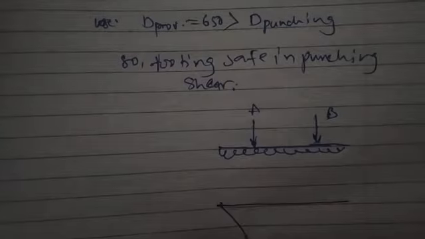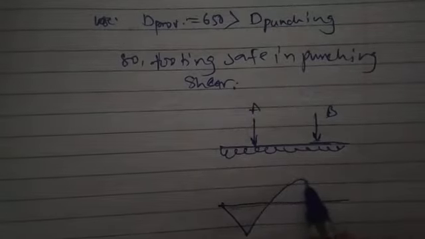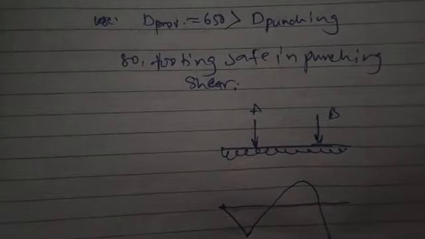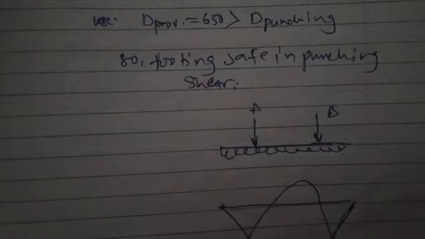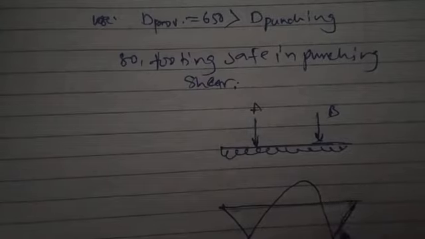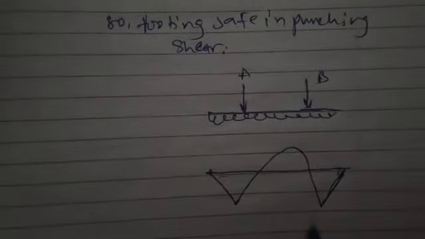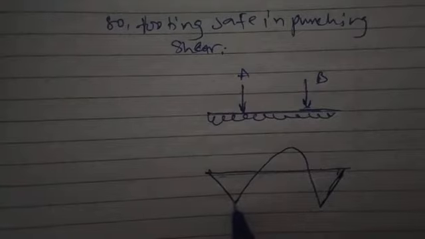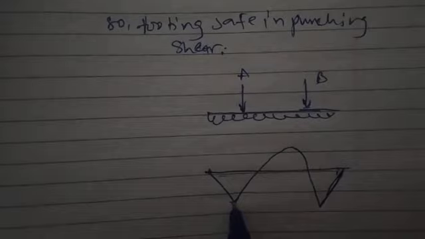The portion under column A will have some sagging. The part in between column A and B will have hogging, and again the portion under B will have some sagging moment here. So we need to provide some steel under A on the bottom side of the footing.